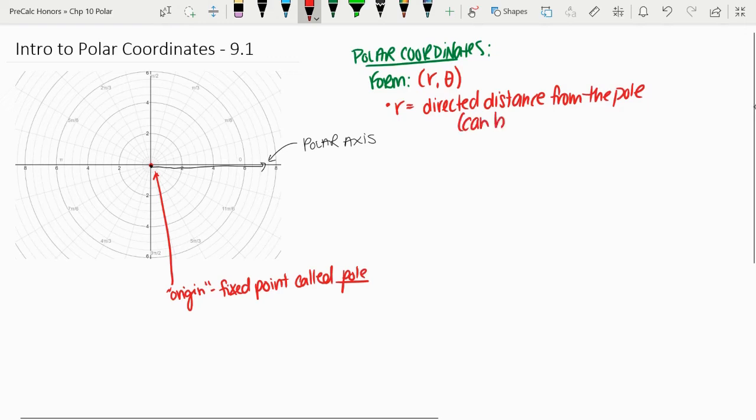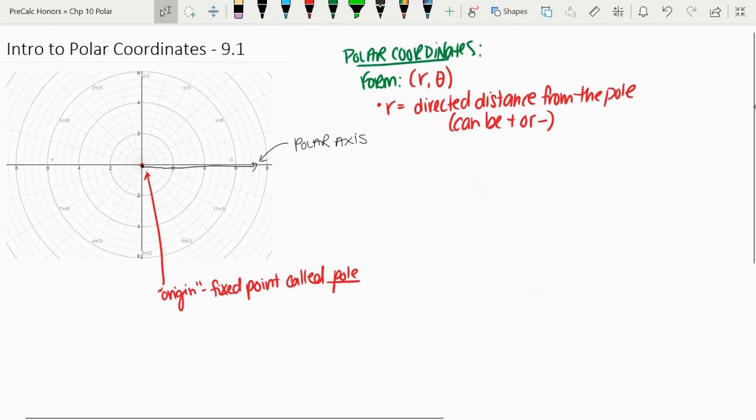And then theta is going to be a directed angle, just like when we talked about angles in standard position or the unit circle, we had positive or negative angles. So we can have positive or negative theta here. And that's the directed angle from the pole to your coordinate.